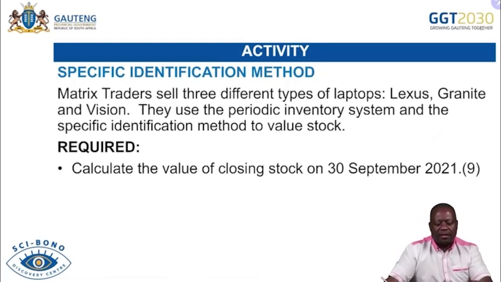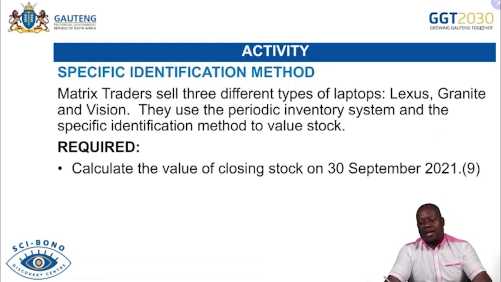Matrix Traders sell 3 different types of laptops: the Lexus, Granite, and Vision. They use the periodic inventory system and the specific identification method to value stock.